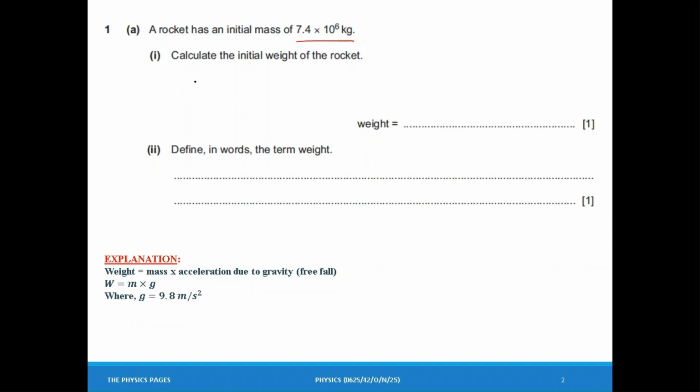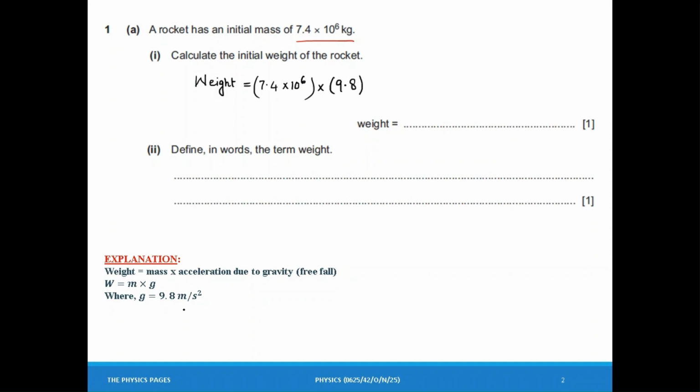So I will find the weight: W is equal to mass 7.4 times 10 to the power 6 kilogram times 9.8 meter per square second.